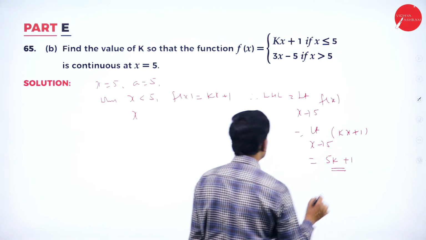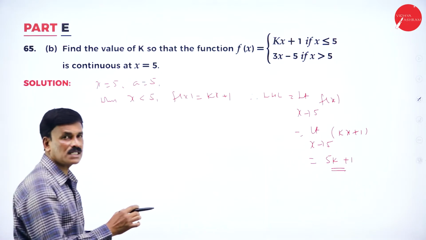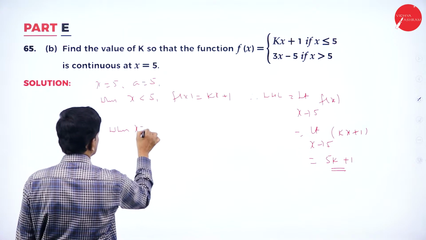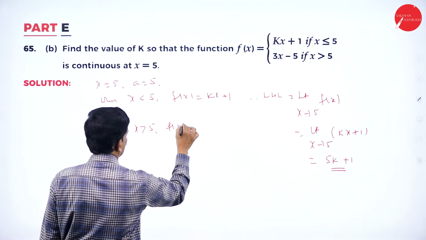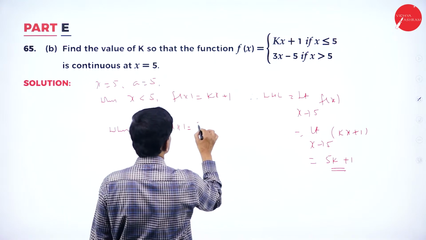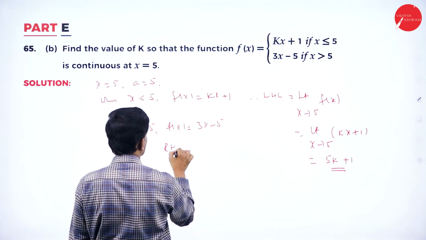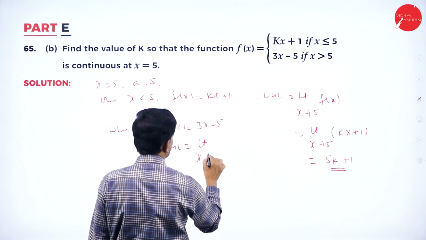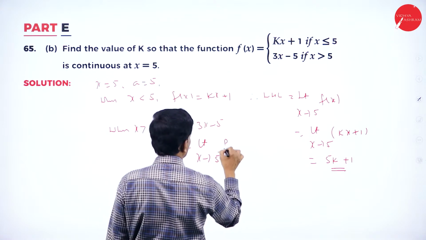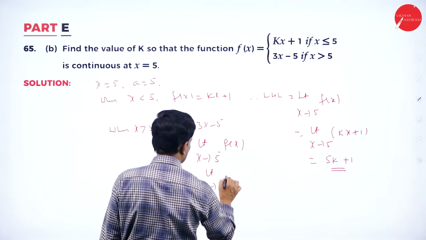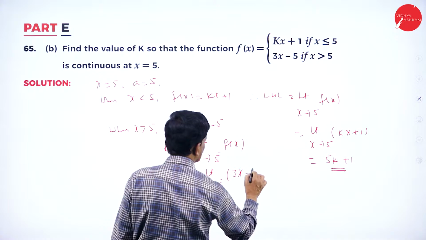Similarly, when x is greater than 5, f of x is equal to 3x minus 5. Therefore you will get the right hand limit. The right hand limit is equal to the limit as x tends to 5 plus of f of x, that is 3x minus 5.